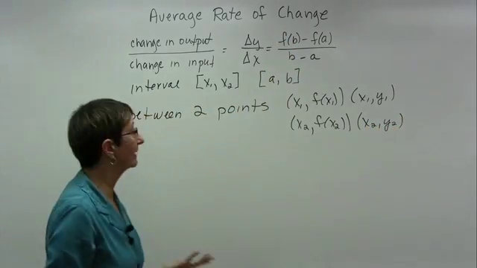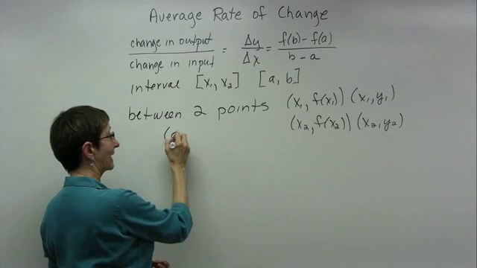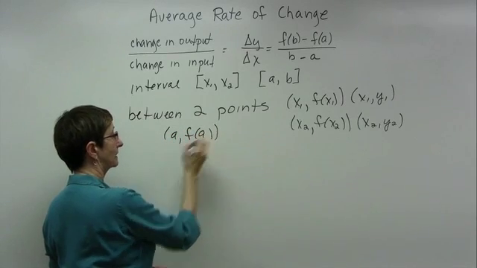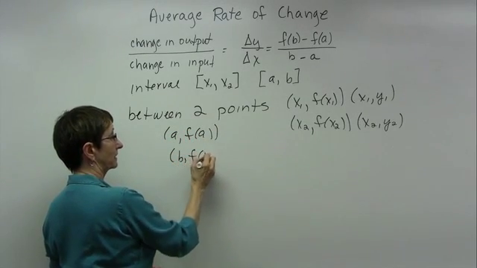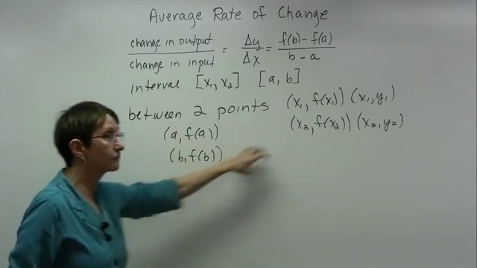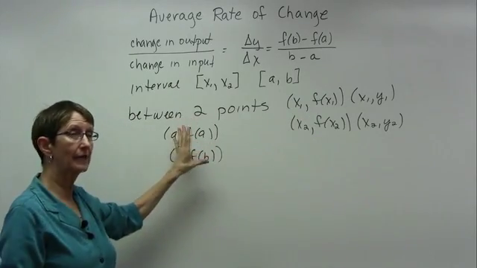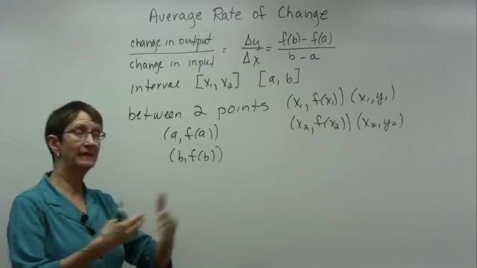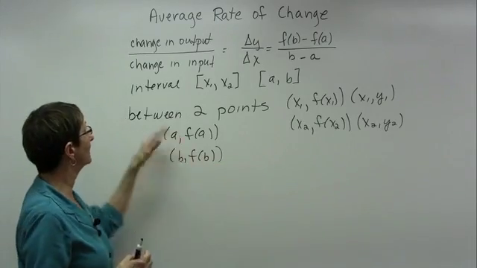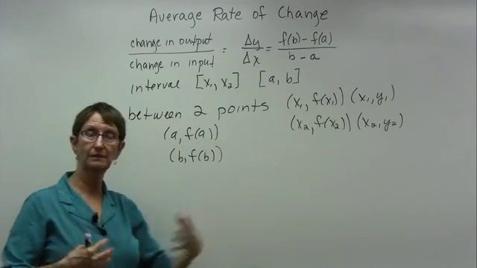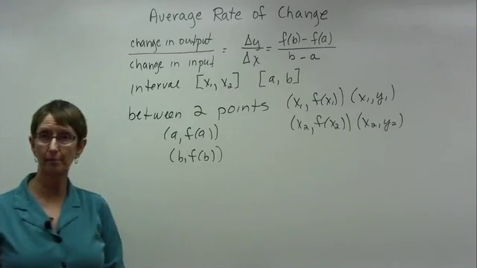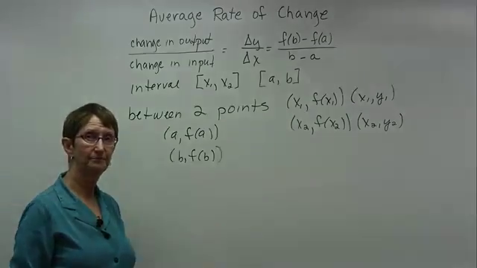Using the f of b and f of a notation, our 2 points would be a, f of a, and b, f of b. So whatever the notation, average rate of change is over an interval. It could be of any length, but it's always between 2 separate points. Now let's look at an example, how we can use this.